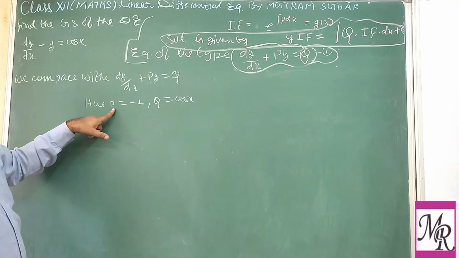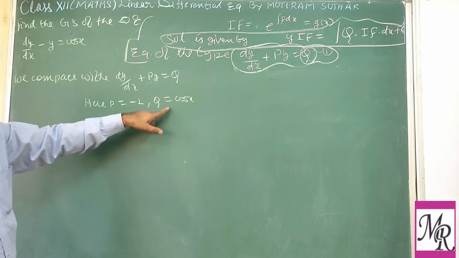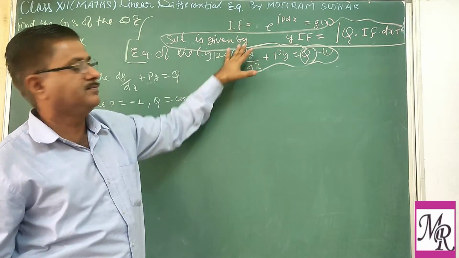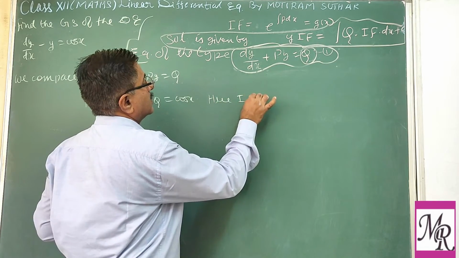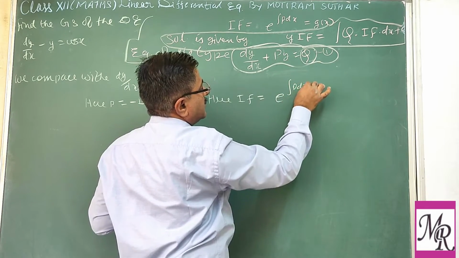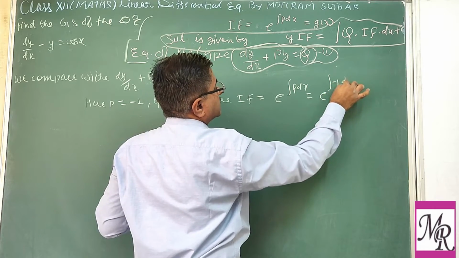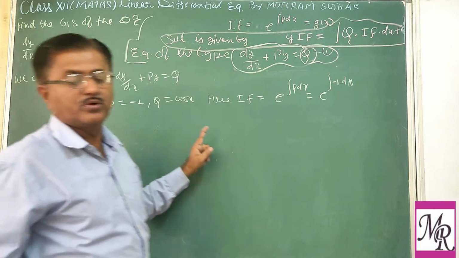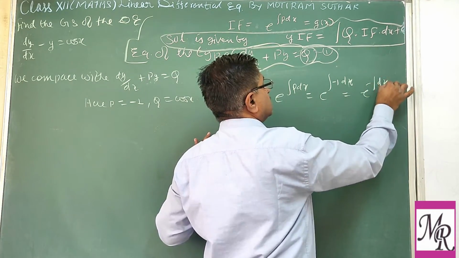So always you have to find the values of p and q. After getting p and q, we need the integrating factor. We use this formula directly. So IF is e power integration of p dx. Now p can be replaced by the value minus 1, so that is e power integration of minus dx.